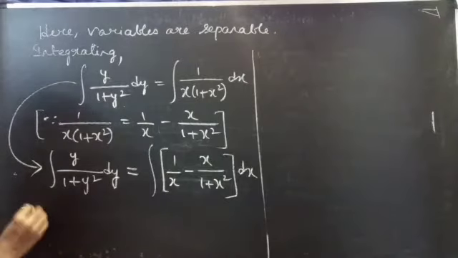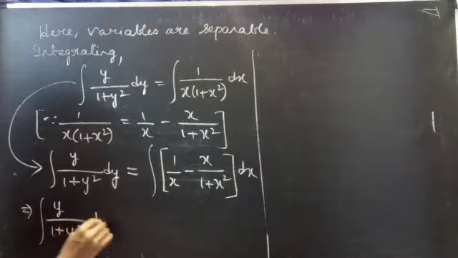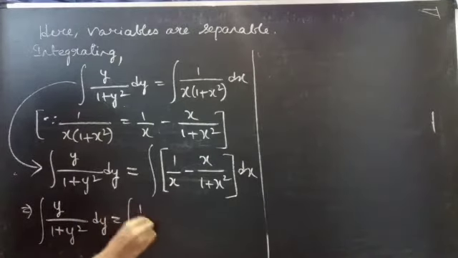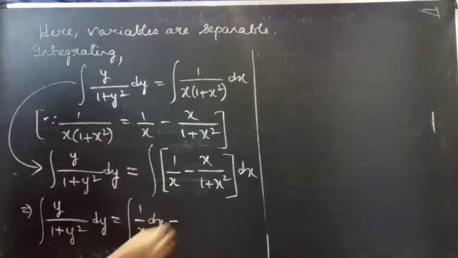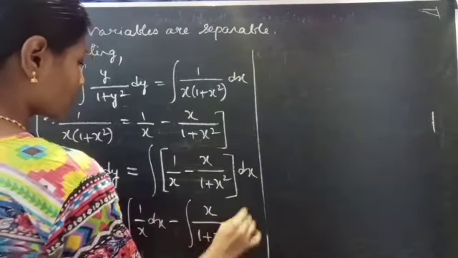Again, you could write this as integral y by (1 plus y square) into dy equals integral 1 by x into dx minus integral x by (1 plus x square) into dx.